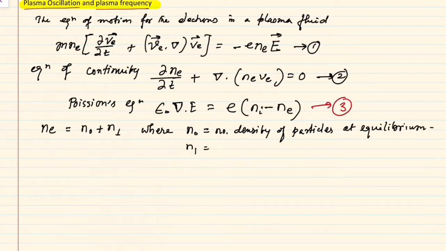N1 is the change in number density of the particles after oscillation takes place.